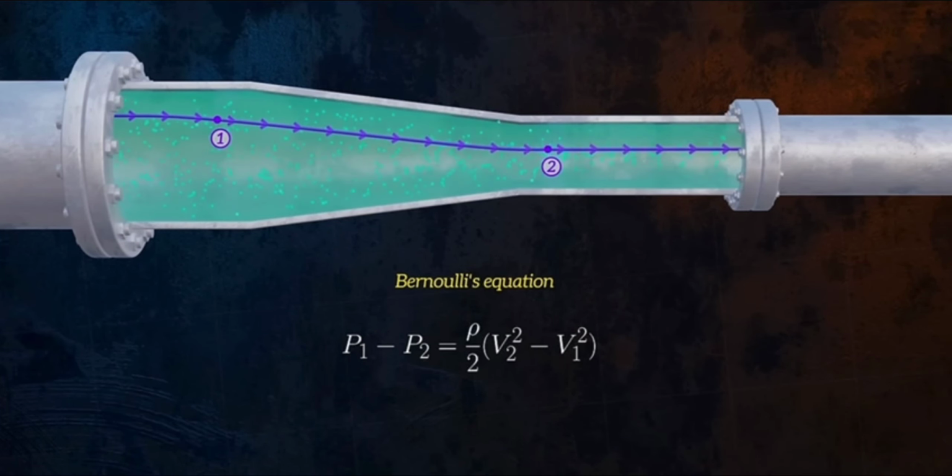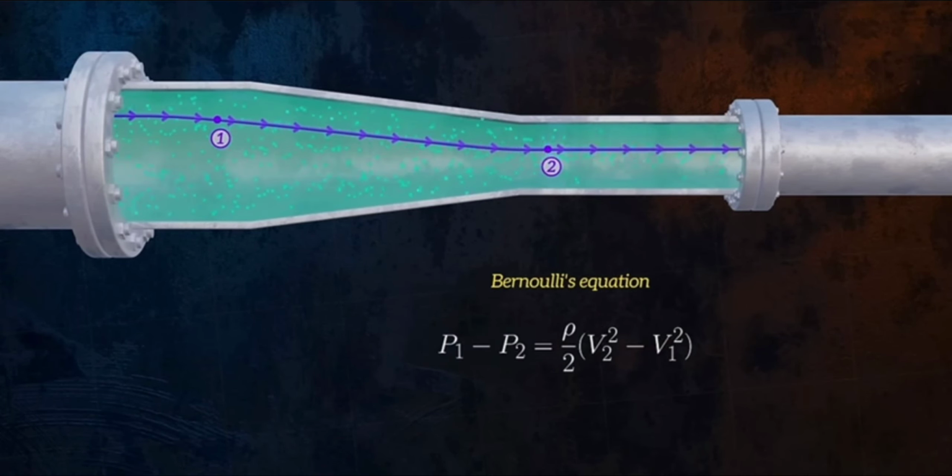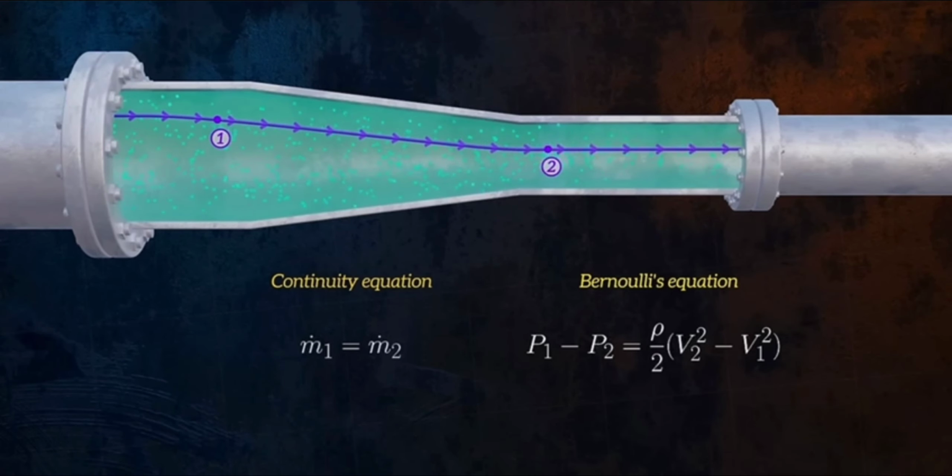If we assume that the fluid is incompressible, then by conservation of mass, the mass flow rate at points 1 and 2 is equal to the product of the fluid density, the pipe cross-sectional area and the fluid velocity. So we can rearrange the continuity equation to obtain an equation for the velocity at point 2.